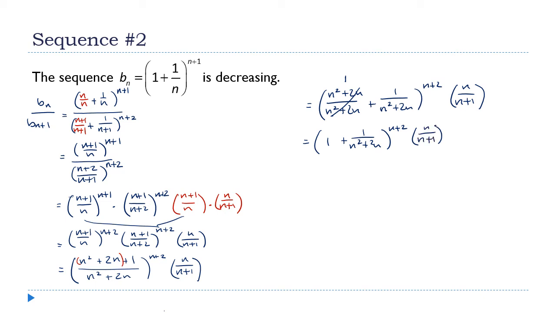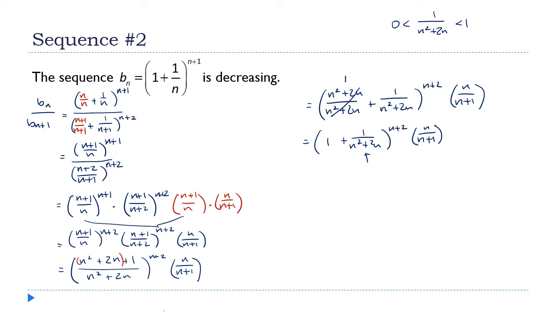Now, this n squared plus 2n is in the place of the a. And you'll notice we also have to make sure those requirements are met. 1 over n squared plus 2n is always going to be less than 1, and it's always going to be greater than 0. So it is an acceptable a value to apply Bernoulli's theorem.